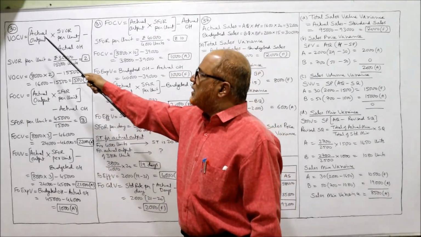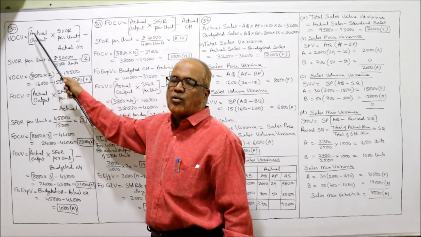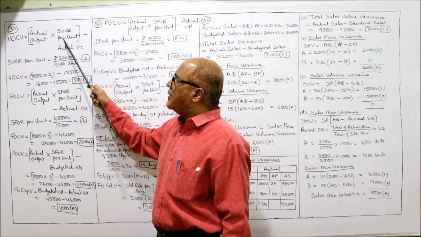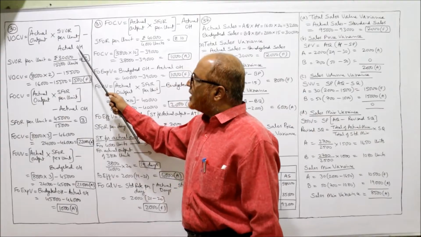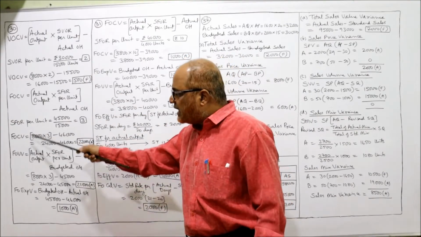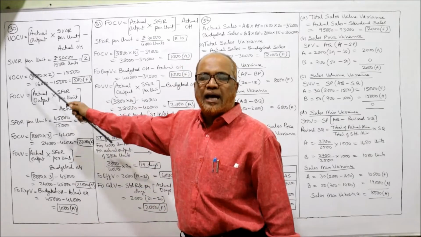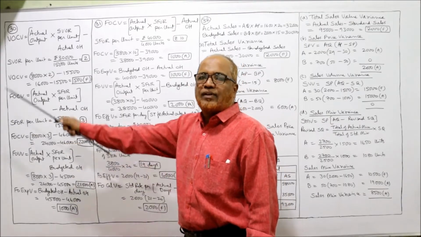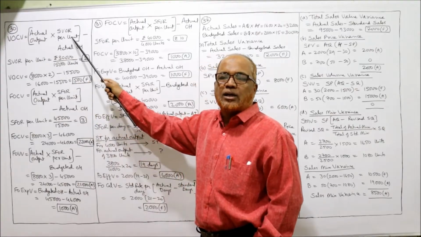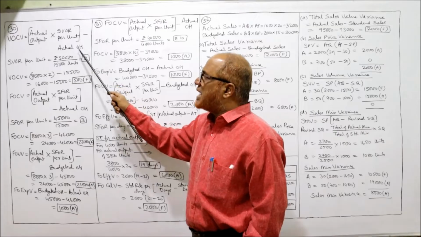So variable overhead cost variance, VOCV, is equal to actual output into standard variable overhead rate per unit minus actual variable overhead. So 1 fixed overhead and 3 variable overheads. The VOCV is equal to actual output into SVOR, standard variable overhead rate per unit, minus actual overhead.